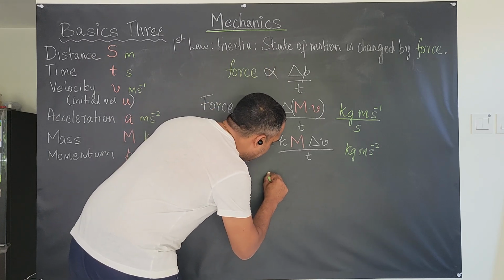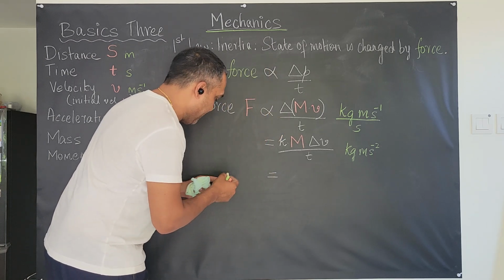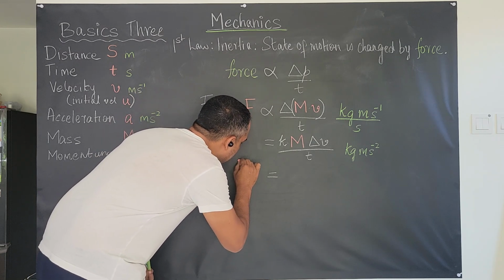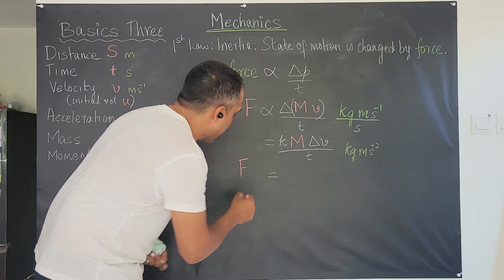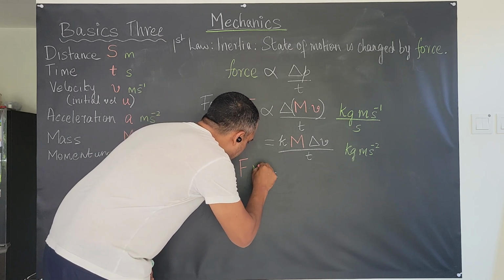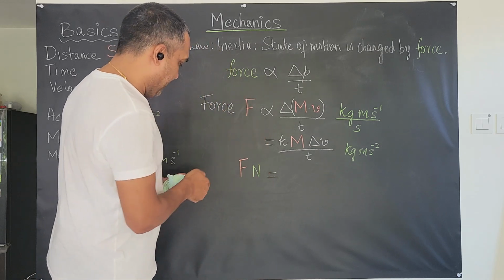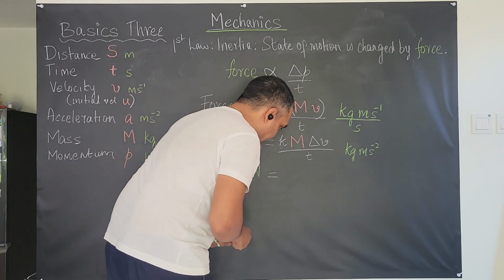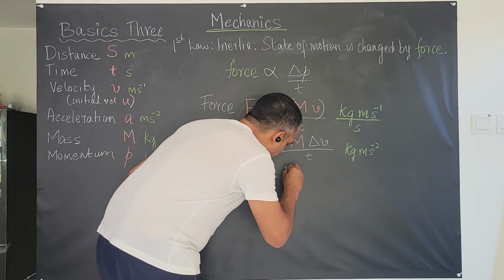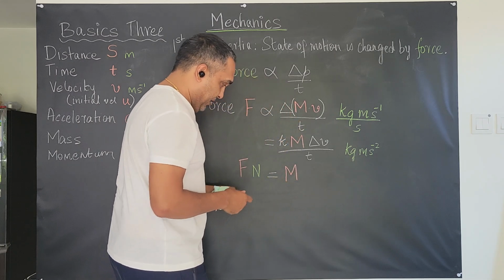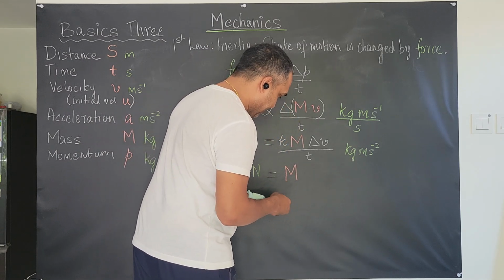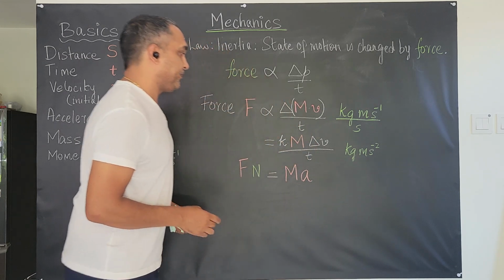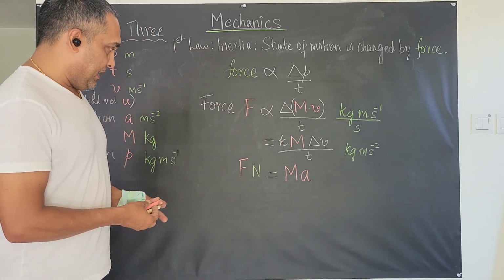So that's how I eliminate it. Force in Newtons, maybe a better way, write it as force, F, measured in Newton, when K is set to be 1, would simply be mass, with a unit ratio, mass times acceleration, right?